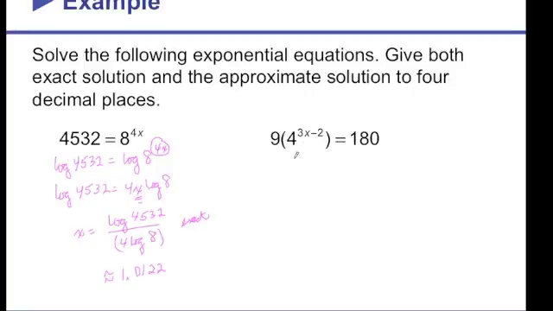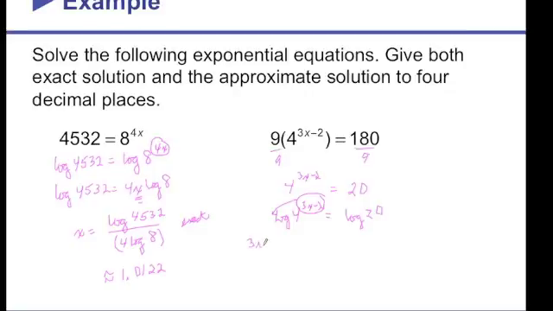This one's a little more complicated. First thing I would do is divide both sides by 9, since that will go in easily. 4 to the 3x minus 2 equals 20. Now I can take the log of both sides. So the log of 4 to the 3x minus 2 equals the log of 20. Now I can move my exponent out front, but make sure you use parentheses.